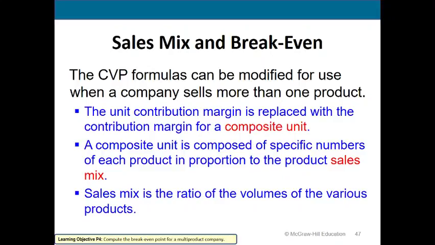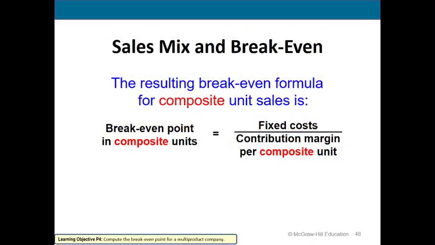A composite unit is composed of specific numbers of each product in proportion to the product's sales mix. The sales mix is the ratio of the volumes of the various products. The resulting break-even formula for composite unit sales is the break-even point in composite units, which is fixed costs as your numerator and the contribution margin per composite unit as your denominator.